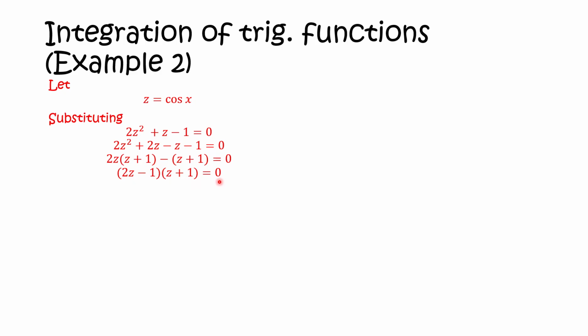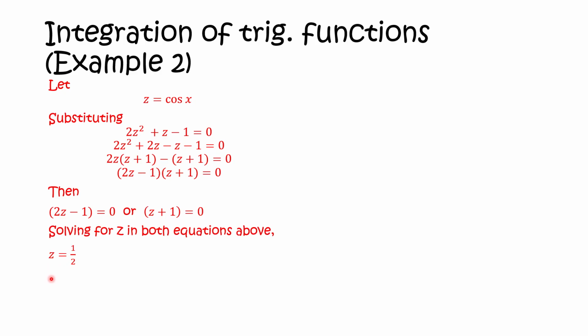And we set each of these to 0, because it means either the first part is 0 or the second part is 0. So we solve for z. In the first part, z is equal to 1 over 2, or in the second part, z is equal to minus 1.